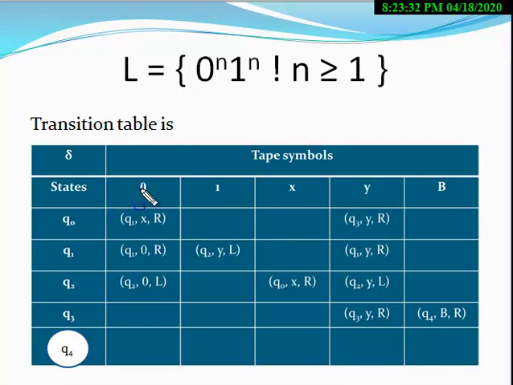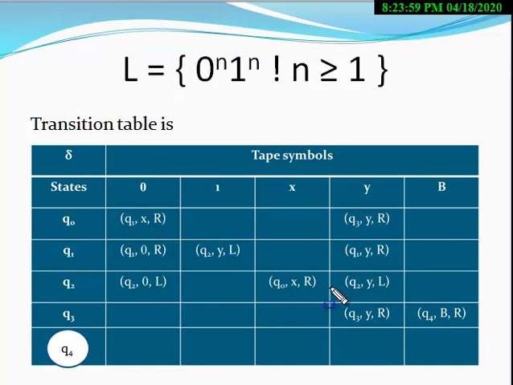So according to the first rule, at the state Q0, when tape symbol 0 appears, the machine changes its state to Q1, 0 is replaced by X, and the machine moves in the right direction, right? Like this, all the rules are here. I am not explaining all the rules, as these were explained in the previous examples.